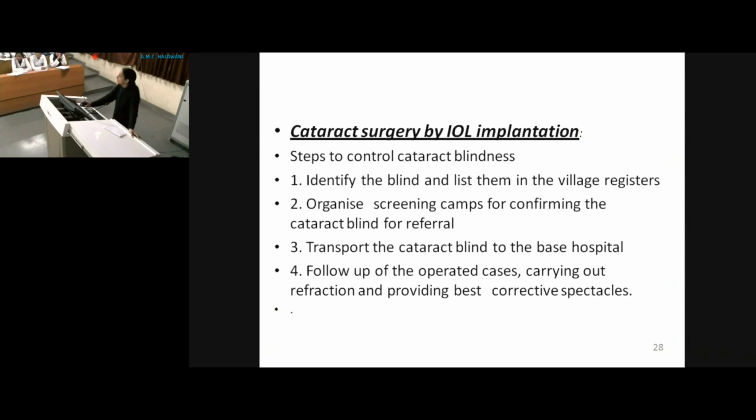So cataract surgery to be done by IOL, intraocular lens implantation. Here you have to identify the blind and list them in the village register, organize screening camps for confirming the cataract blind for referral, transport the cataract blind to the base hospital, follow-up of the operated cases, carrying out refraction and providing best corrective spectacles.